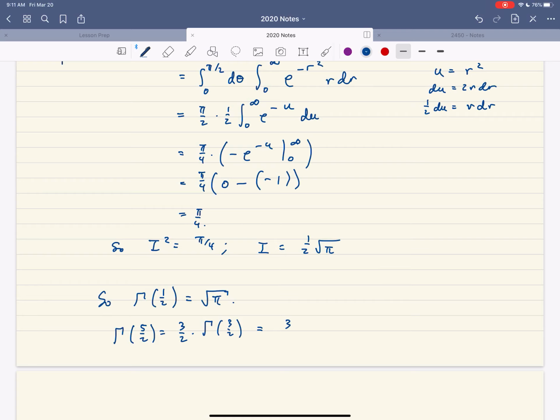Gamma of 3/2 is 1/2 times gamma of 1/2. So altogether that would be 3/4 square root of pi. So that tells you how to find gamma for all the integers plus a half. All right, so that's the gamma function that'll be necessary for what we're going to do next.